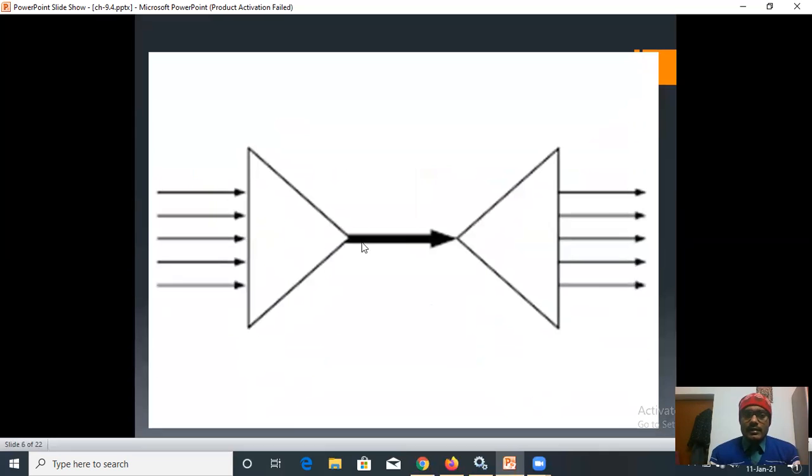Now you can see this is the same picture in which all the different signals are converted into a single signal, and it is transmitted to the other destination. And again demultiplexing is going on here, means that the single signal is converted into multiple signals according to the frequency, so that they can reach their destination.